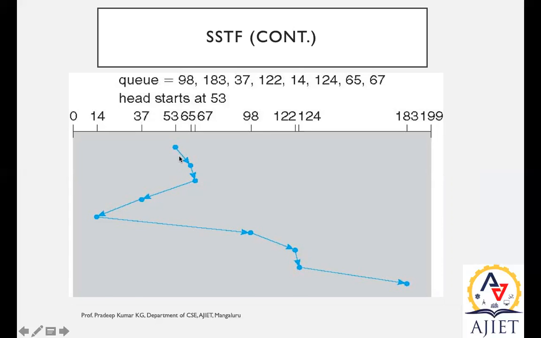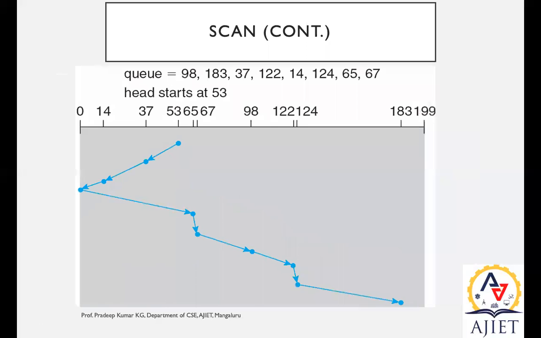Then the SCAN algorithm serves all requests in its direction. The head starts from the initial position, say 53 in this example, moves towards left till it reaches the initial point, 0 on the other end. Then it serves the reverse direction while returning, serving whichever comes in that lane.